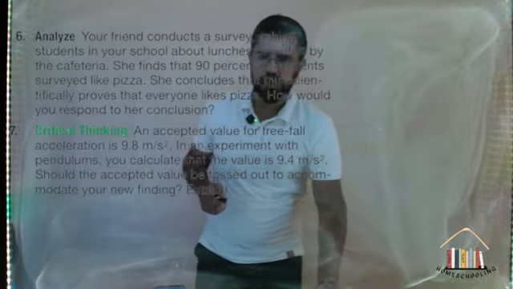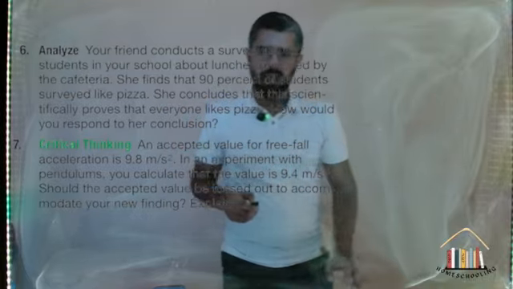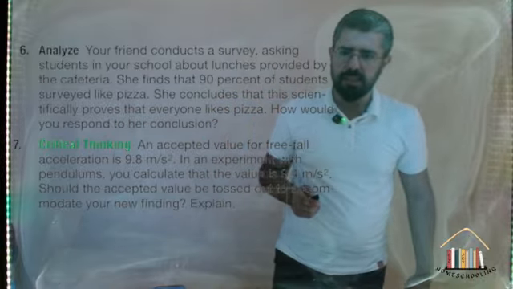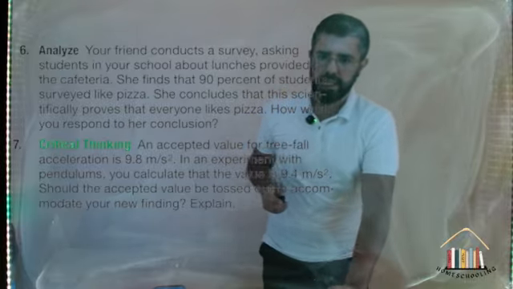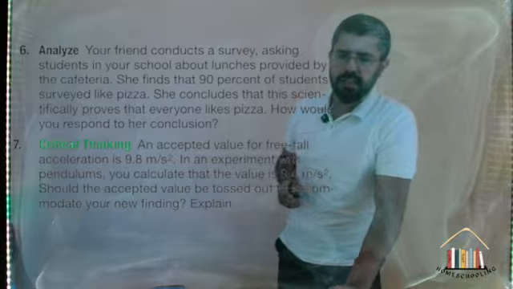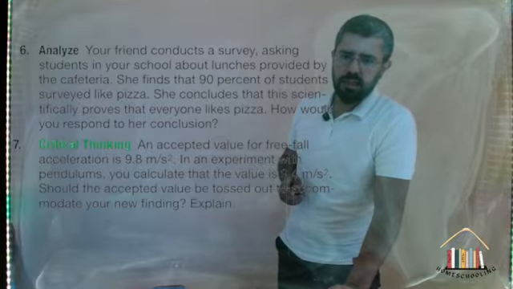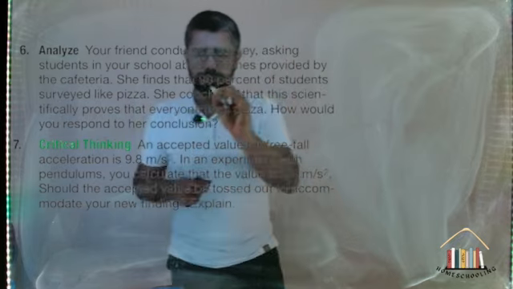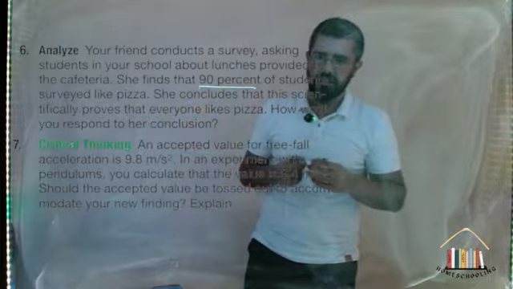Now question 6. Analyze: your friend conducts a survey asking students in your school about lunches provided by the cafeteria. She finds that 90% of students, let's underline this, it is very important, 90% of students surveyed like pizza.